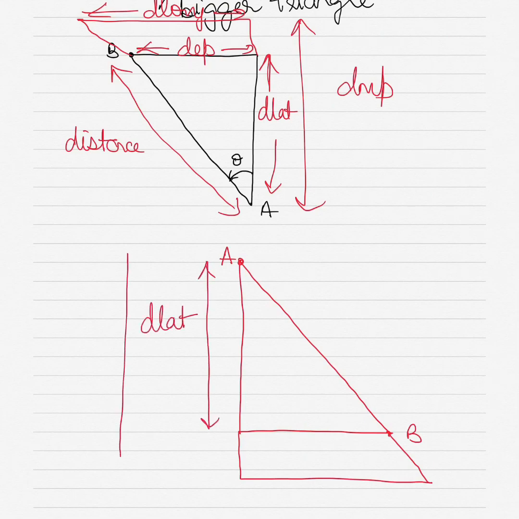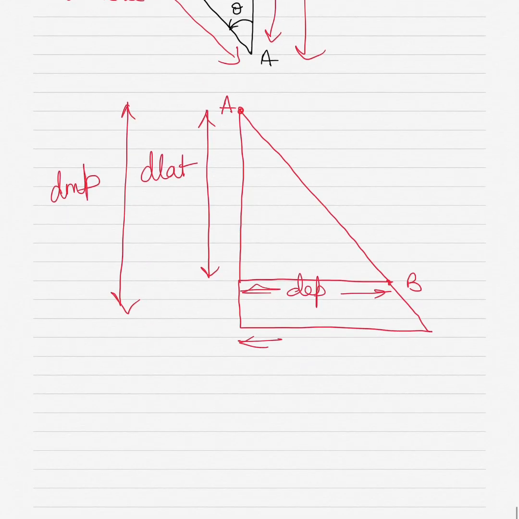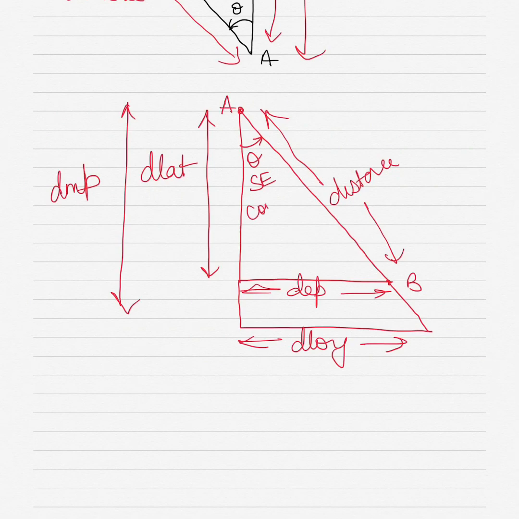Remember, this is the plane sailing one. It's the longer distance that becomes dmp. That is based on Mercator charts. This is of course departure, smaller triangle, but the longer triangle or the larger triangle becomes d long, and this is distance. Right, assuming this is a southeast course.